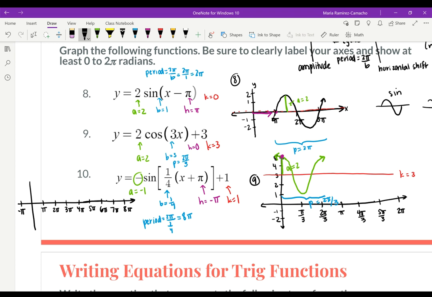Okay, for the y-axis, we'll do 1, negative 1, and negative 2. Oh, actually, I need to go up further.